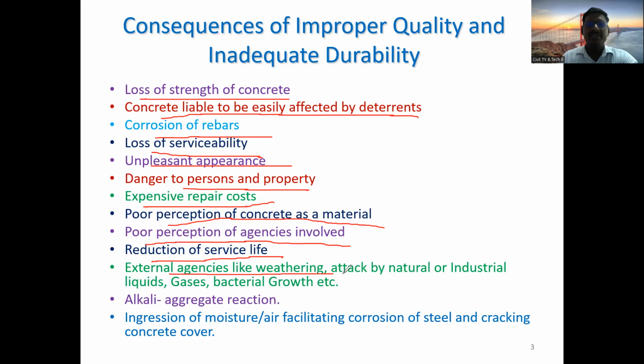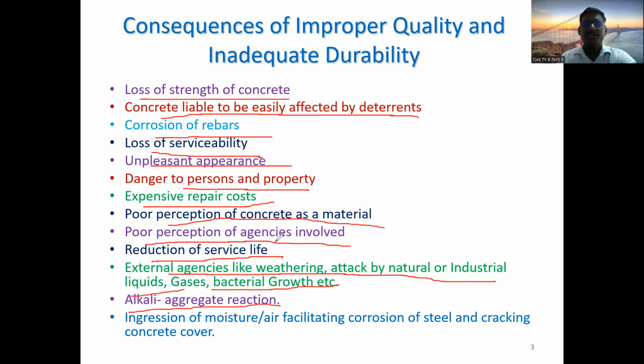External agencies like weathering, attack by natural and industrial liquids and gases, and bacterial growth are attacking the concrete. Then alkali aggregate reactions. So these are all the consequences of improper quality and inadequate durability.